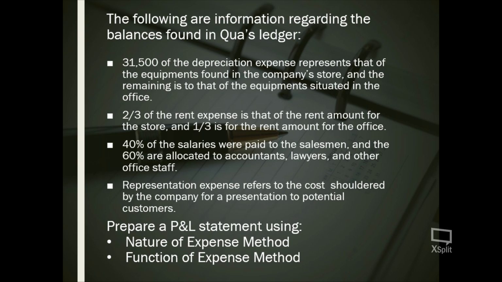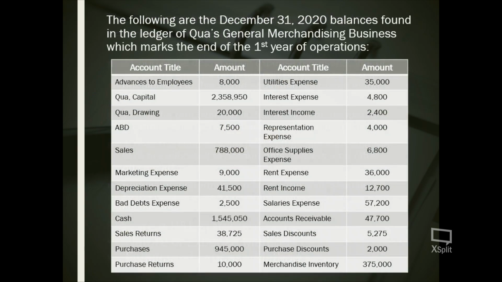So, ang pinapagawa sa atin is nature of expense method and function of expense method. So, syempre, unahin natin yung nature of expense. Once again, kapag nature of expense method ang ginagawa natin, we don't have to allocate between selling and G&A. So, hindi muna natin kailangan gamitin yung mga information na nakikita natin dito sa page na to. So, we simply have to use these amounts.